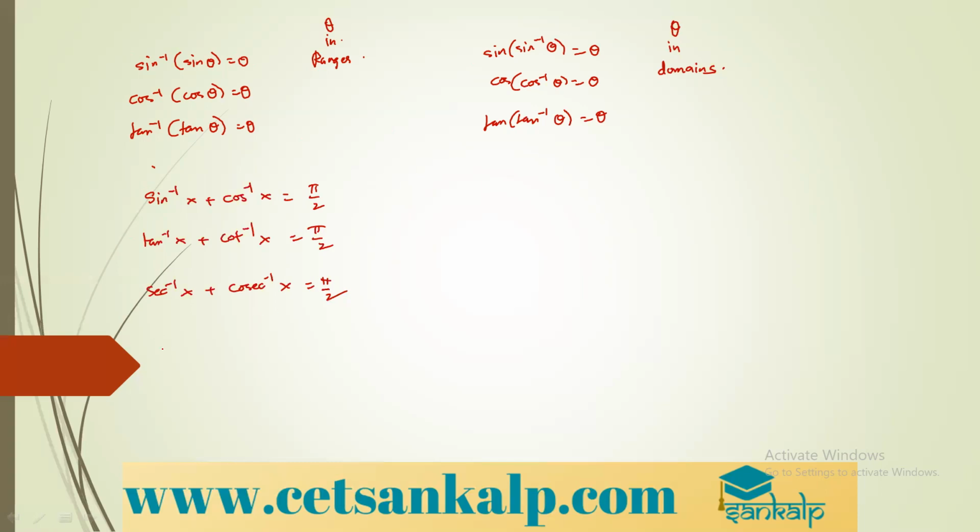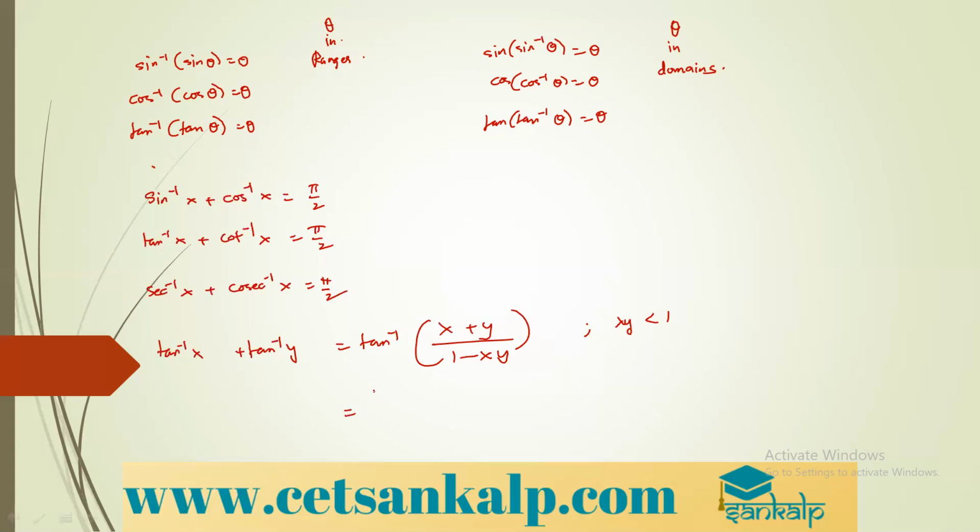Similarly, for tan inverse x plus tan inverse y, the formula is tan inverse of x plus y by 1 minus xy. But here the condition is xy should be less than 1.